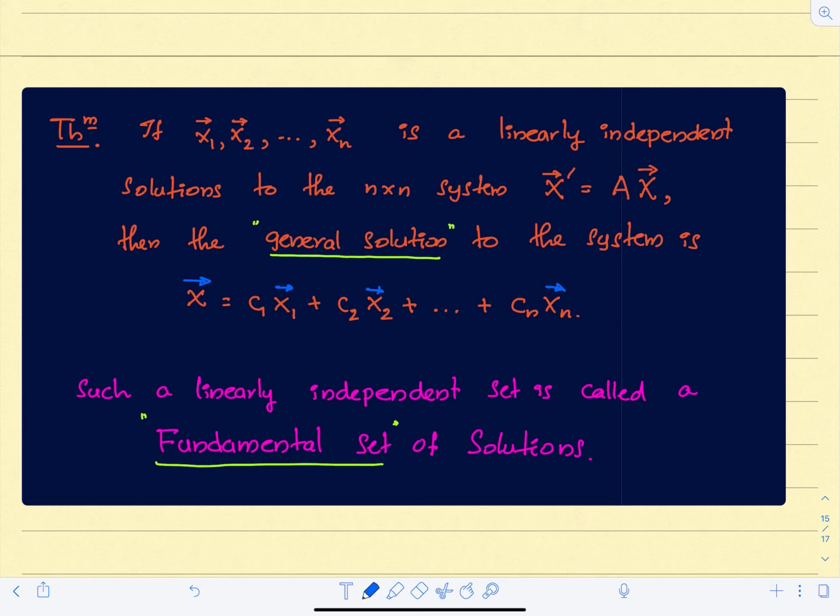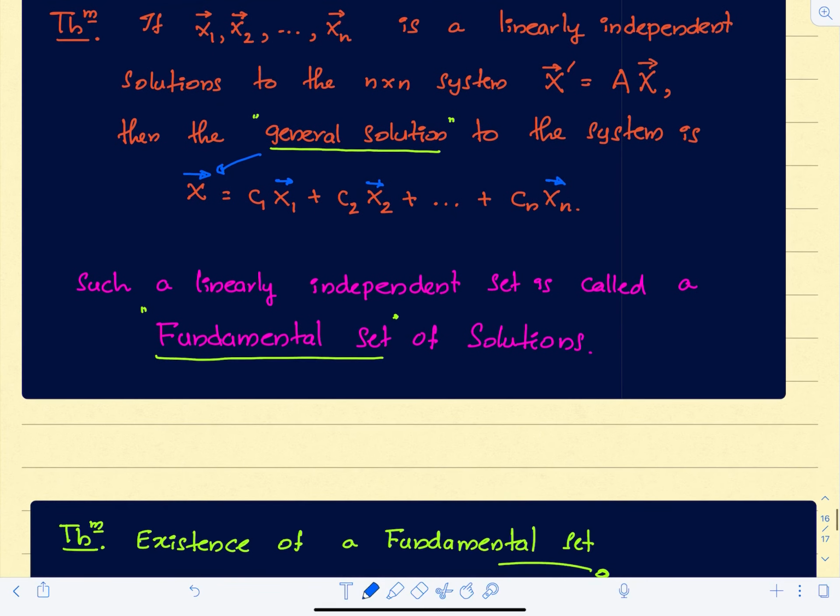So basically if you have a homogeneous linear system with n dependent variables, then you should have n number of linearly independent solution vectors. Once we have those n solution vectors, you should consider a linear combination of those solution vectors to get the general solution. And here we denote the general solution using this X. And this is the fundamental solution set.